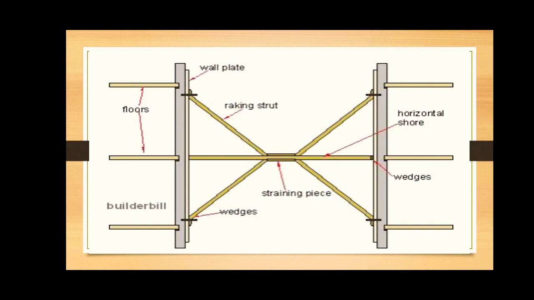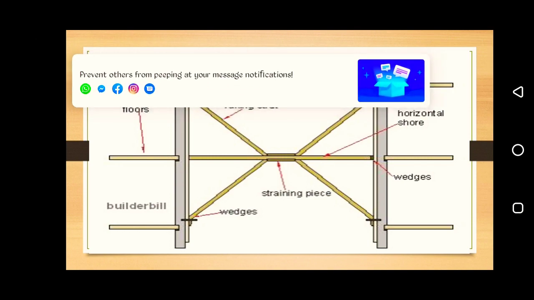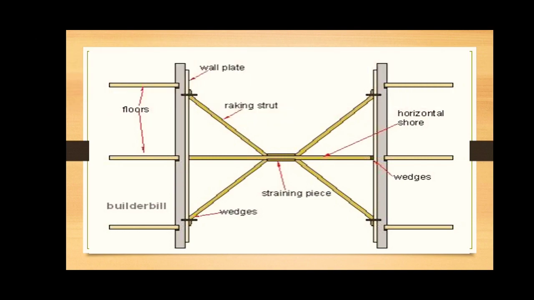Horizontal timbers are placed, or steel joists are placed running over horizontal members which are duly supported on vertical columns.